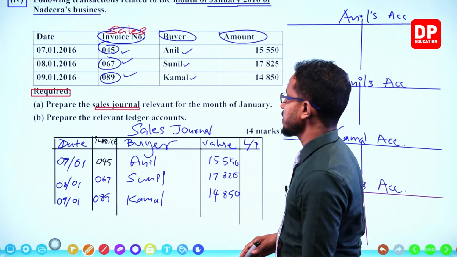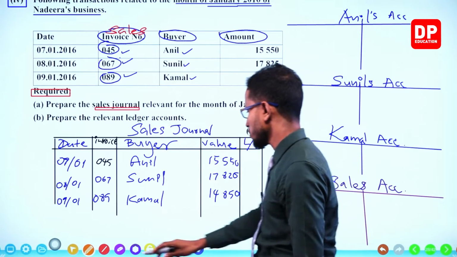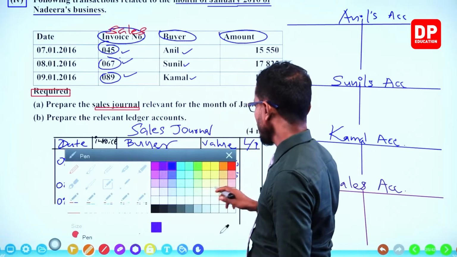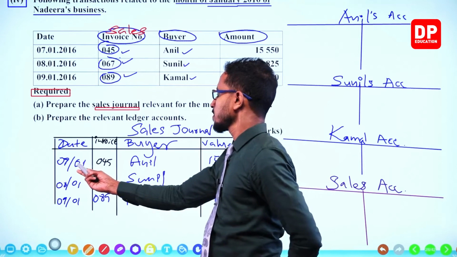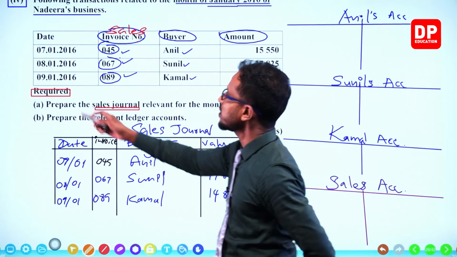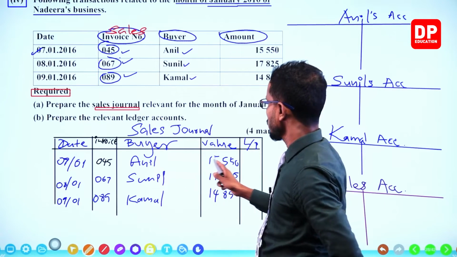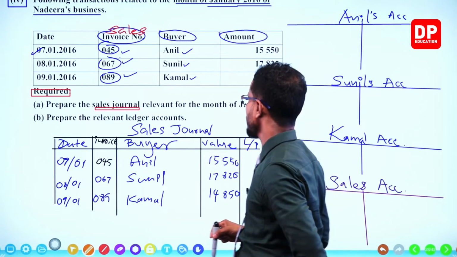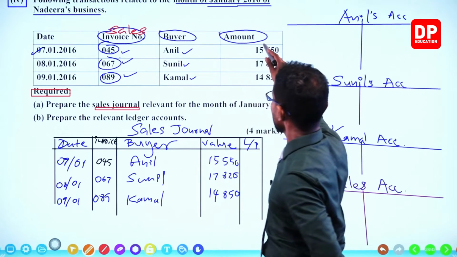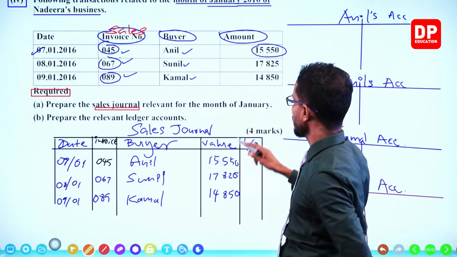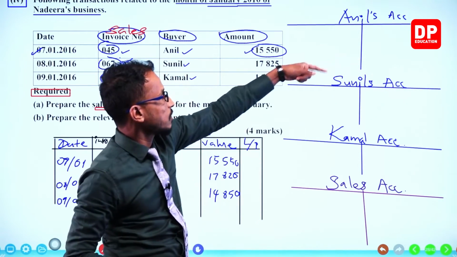Now take the entries and enter them to the relevant account. Anil, 7th January, this one, 15,550, should be entered in Anil's account. Which side?